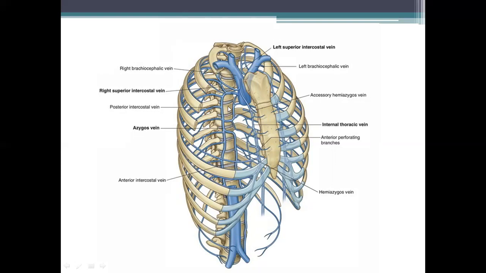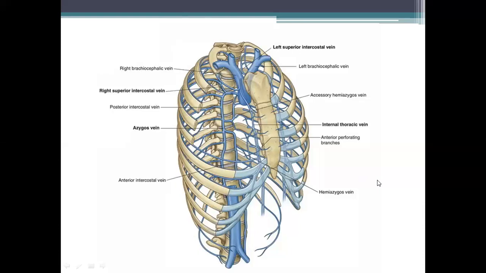Since it is located close to the vertebral column, it is obviously in the posterior mediastinum. Then where are the Hemiazygos and accessory Hemiazygos veins? This is the Hemiazygos vein, and this is the accessory Hemiazygos vein. Now, as we see, this almost forms an H-shaped configuration.